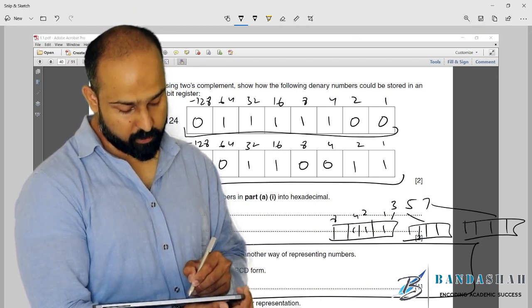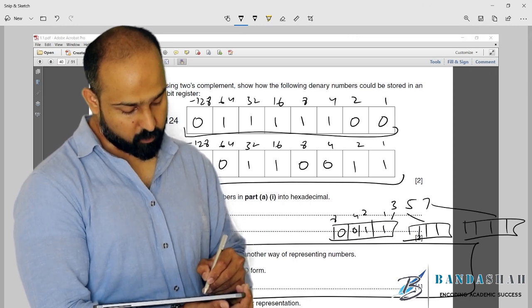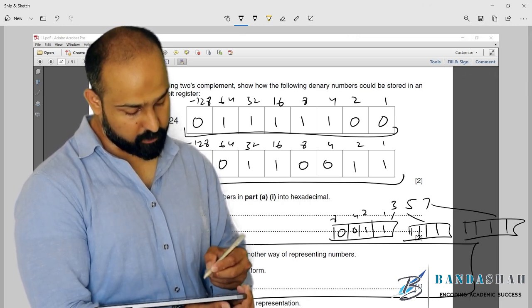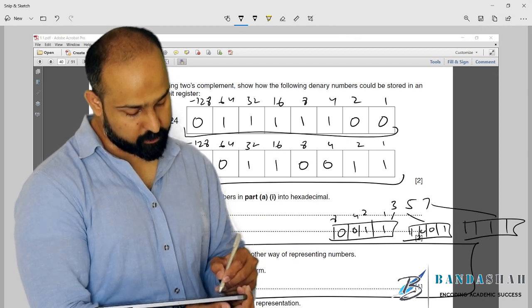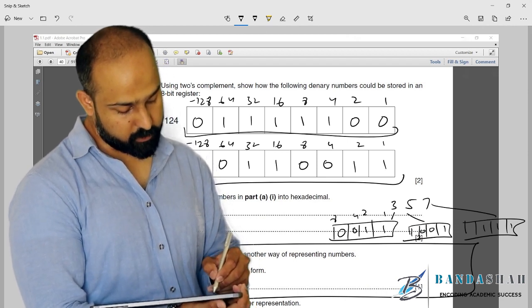This is your 3. 5: 1 and 1, 2, 4, 8, right? 1 and 1, 0, 0. 7: 1, 1, 1, 0.